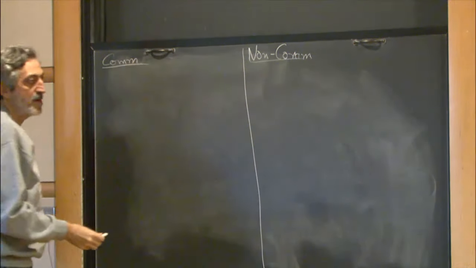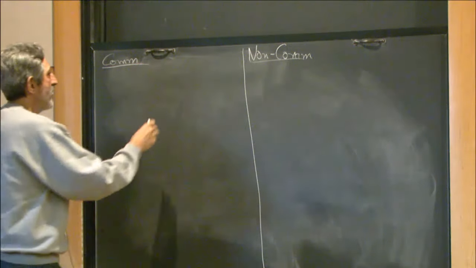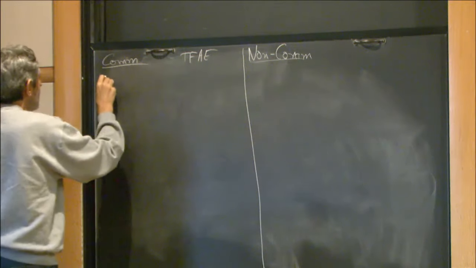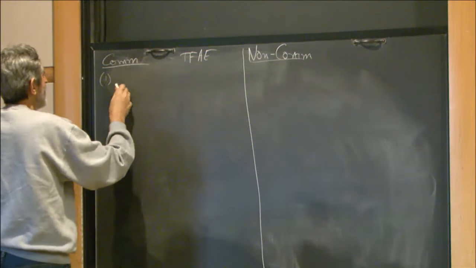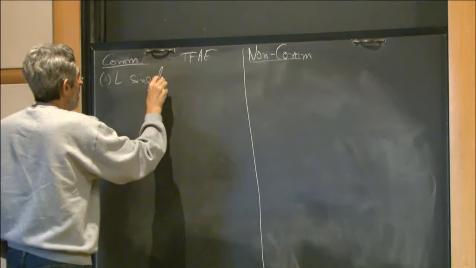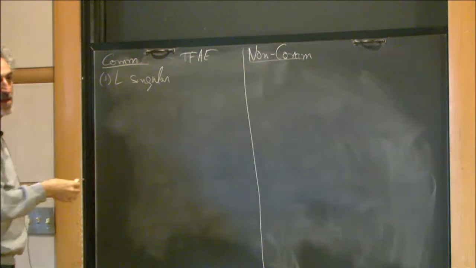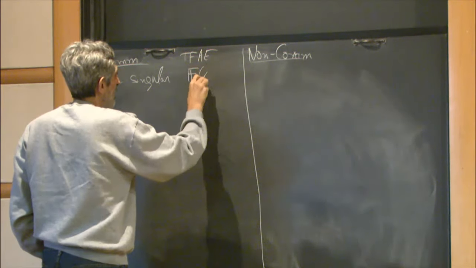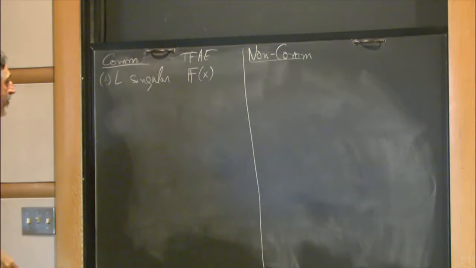And I want to write down a bunch of equivalent conditions. So one is just sort of the name of the problem, so L is singular. And in the commutative setting, it means over the field of rational functions in these variables.